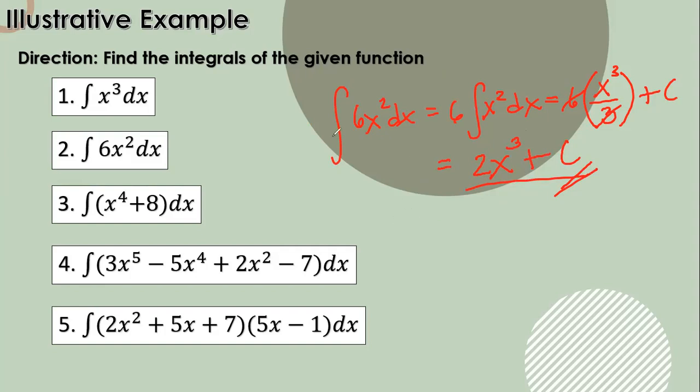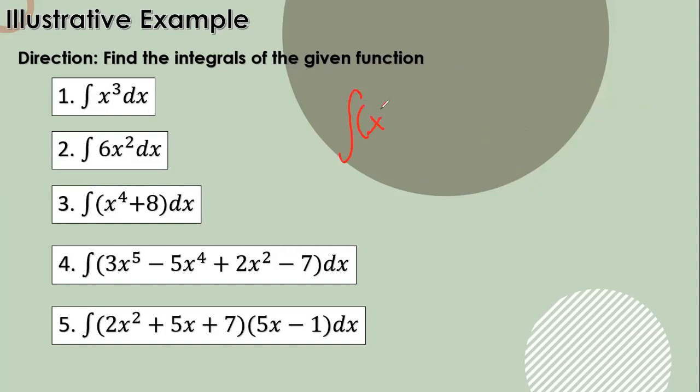And then number 3, we have the integral of x to the fourth plus 8 dx. So again, when we have more than one term, we can integrate term by term. So first, the integral of x to the fourth dx, just distribute dx, plus the integral of 8 dx.